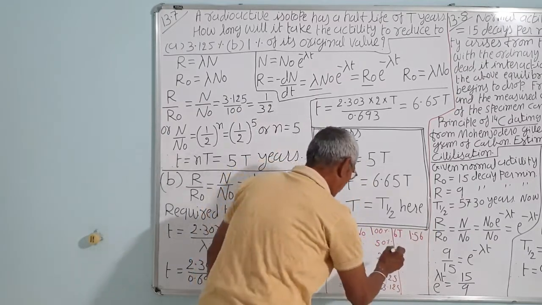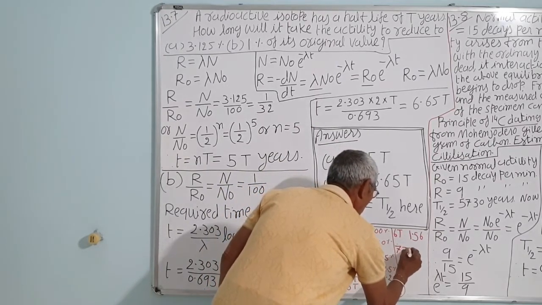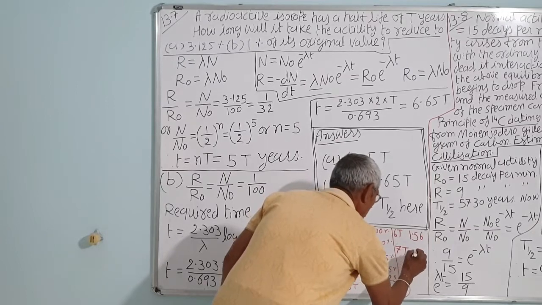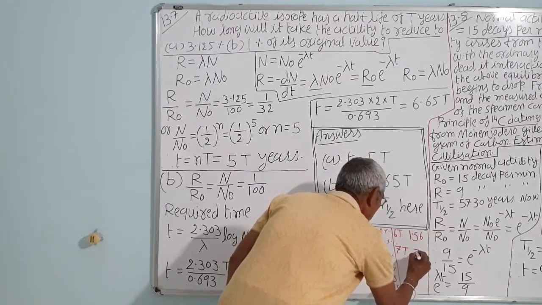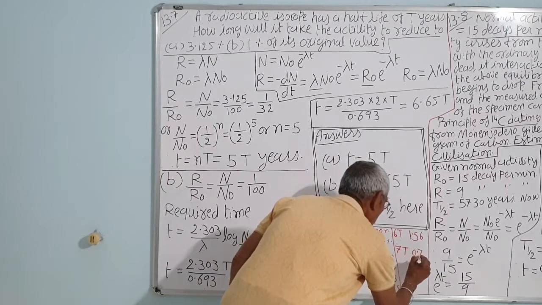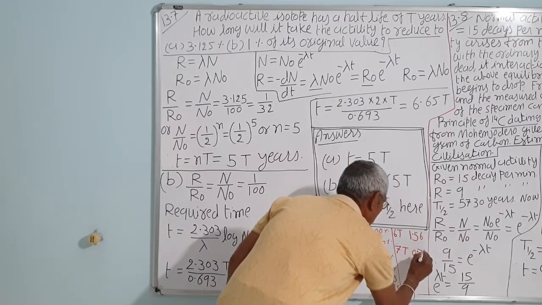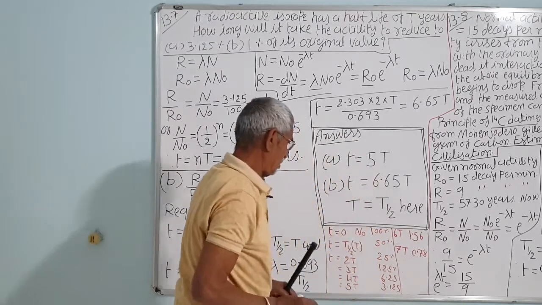Then 7T, half of this, that is 0.78 and so on, correct.